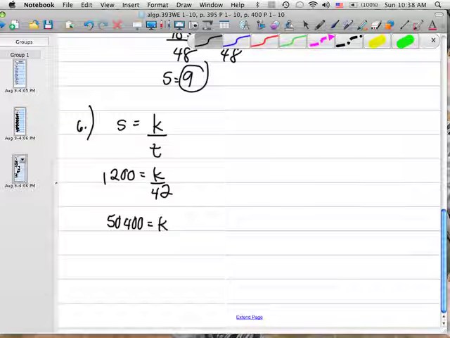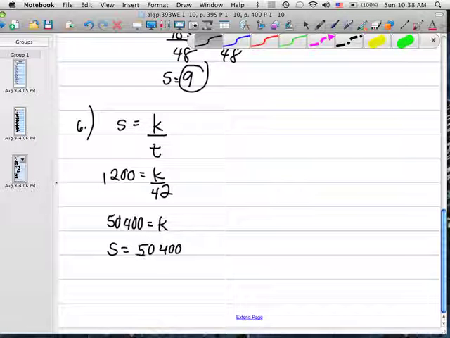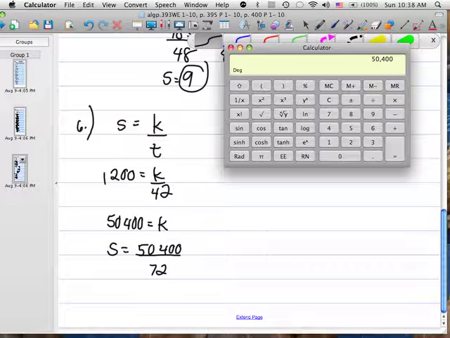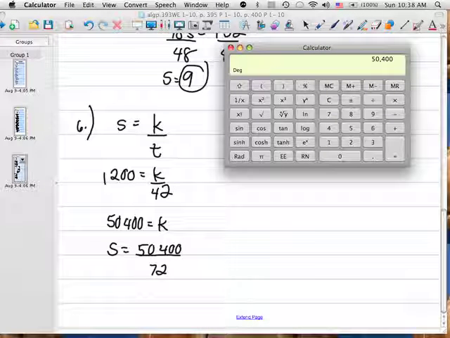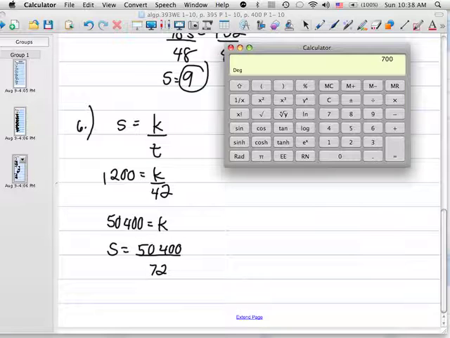So the second gear, we're looking for its speed. K is 50,400, and its number of teeth is 72. So we just need to take that 50,400 and divide it by 72, and it's 700 revolutions per minute.